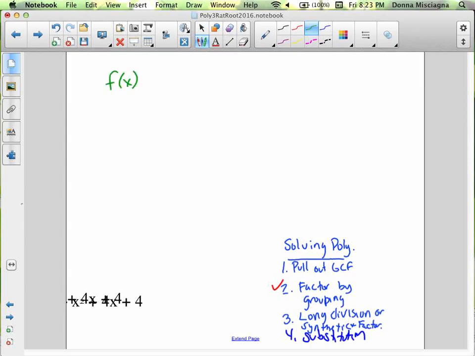That would be a factor by grouping. And I'll do one like it, all pluses. All right, so x cubed plus, let's do, actually, I won't make it that big.